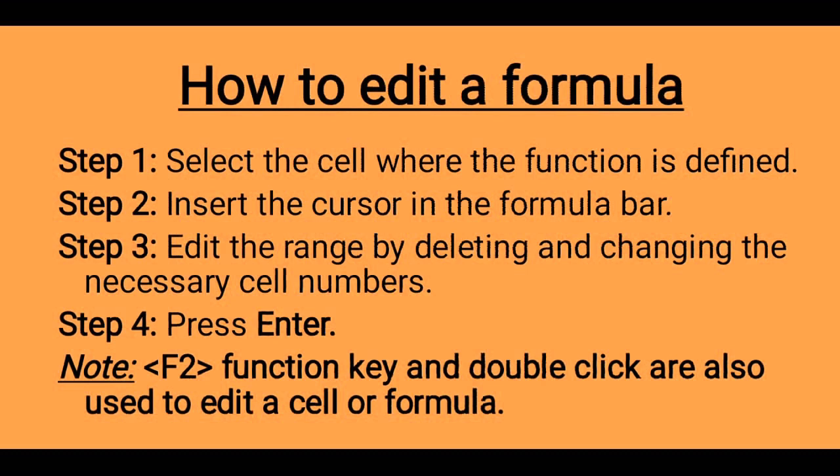Step 4, press Enter. Here one thing is very important, and that is a function key. The F2 function key is also used to edit a cell or a formula, whereas you can also double click in a cell which has the formula or any other contents.